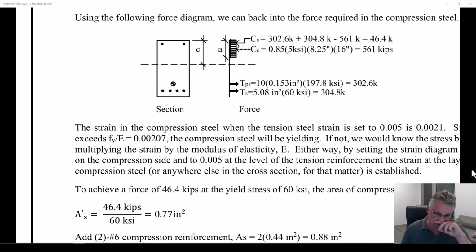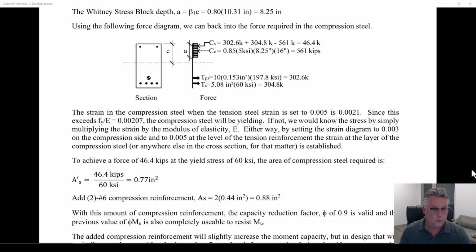But we do that never assuming that we have compression steel. We put the steel in that we need to make everything work, and then we go back and calculate whether or not we have a tension-controlled member. If we don't, which is what this example is all about, this is how you calculate the compression steel required.